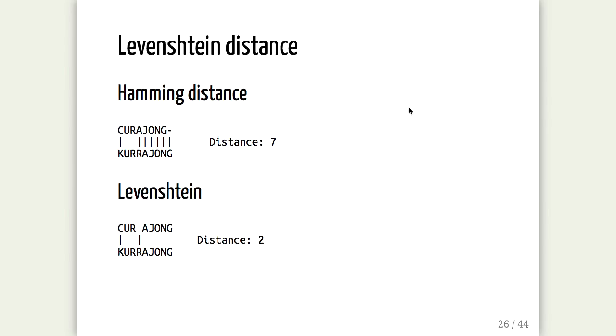With Levenstein, what it says is we will treat insertions, deletions, or substitutions as one, let's say, penalty point. And so we can see that the C becoming a K is a cost of 1, and the R being deleted is a cost of 1. So this algorithm, Levenstein, would return 2 when comparing those two words.